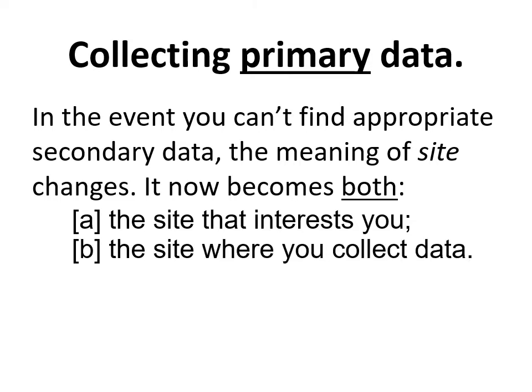But they are also the sites where I would have to collect data from users of dog parks. So the key point here is that for primary data, there's a location or locations that you're interested in, and you have to go to those places, to those locations, to collect the data.